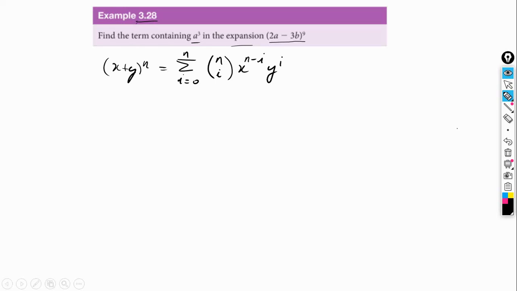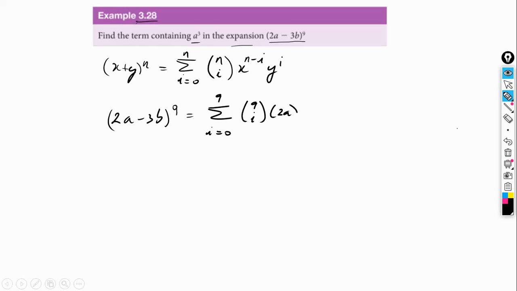For this particular case, we would say 2a minus 3b to the 9 is equal to the sum from i equals 0 to 9 of 9 over i times, in this case, x is going to be 2a, right?